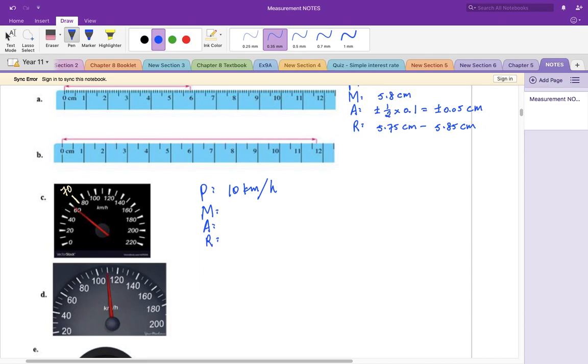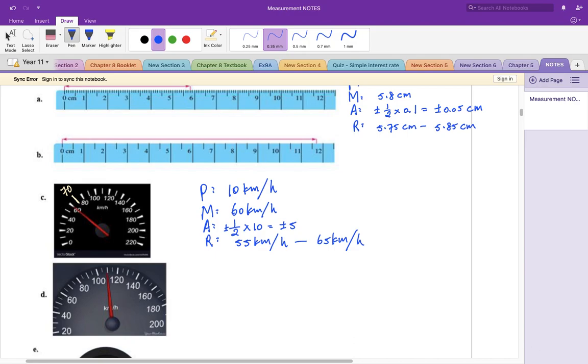So the measurement here is actually 60 kilometers per hour exactly. And the absolute error is plus or minus half times 10, so that's plus or minus 5 from 60 to get a range. So 60 minus 5 is 55, 60 plus 5 is 65. So this is going to be the range.